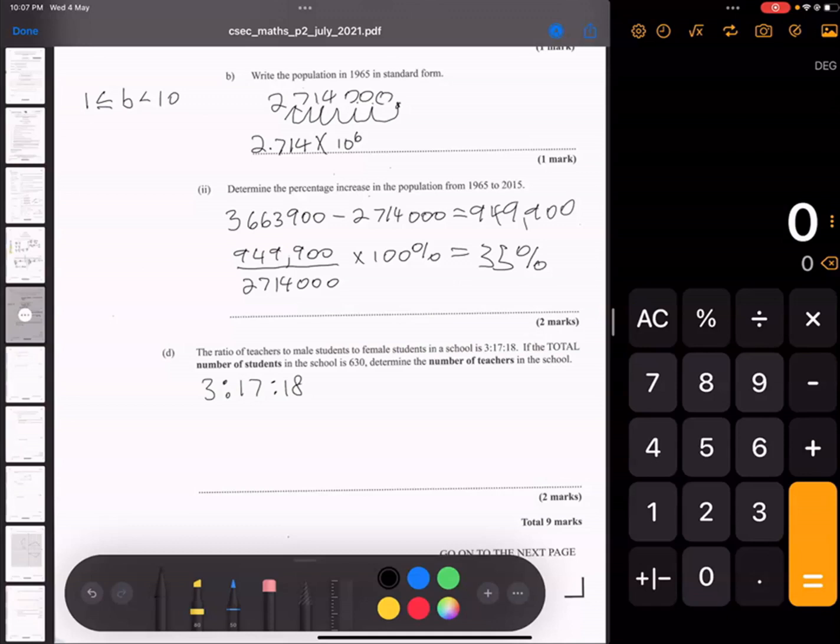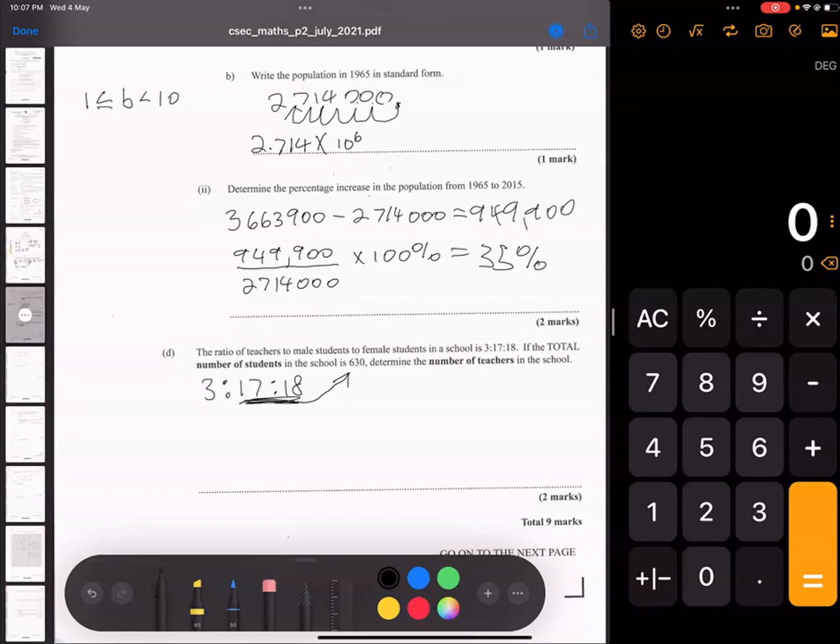However, please note that the total that they have given us is not the total for teachers and both students. The total is only for the number of students, meaning the ratio 17 and 18 totals up to 630 students.